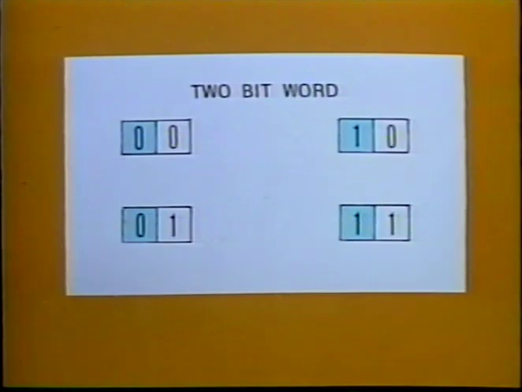If the words in a computer only had 2 bits, the computer could only refer to 4 different binary addresses: 00, 01, 10, and 11. Obviously, the more bits there are in a word, the more addresses the computer has available for labeling the memory boxes.